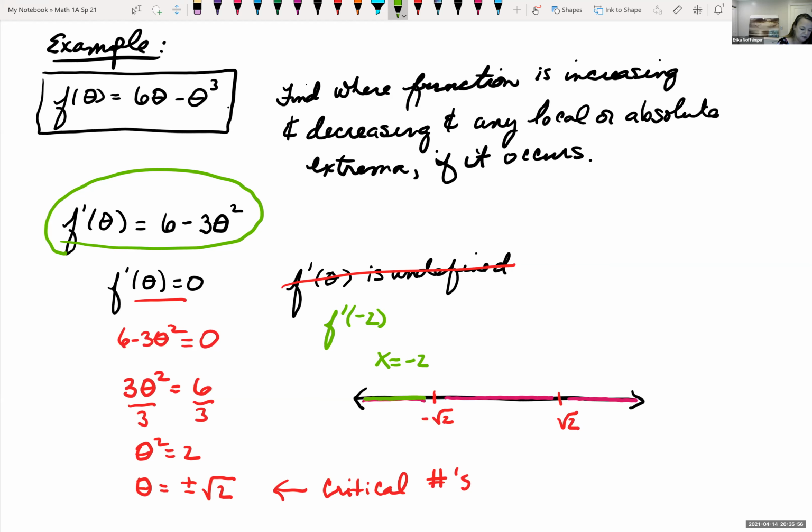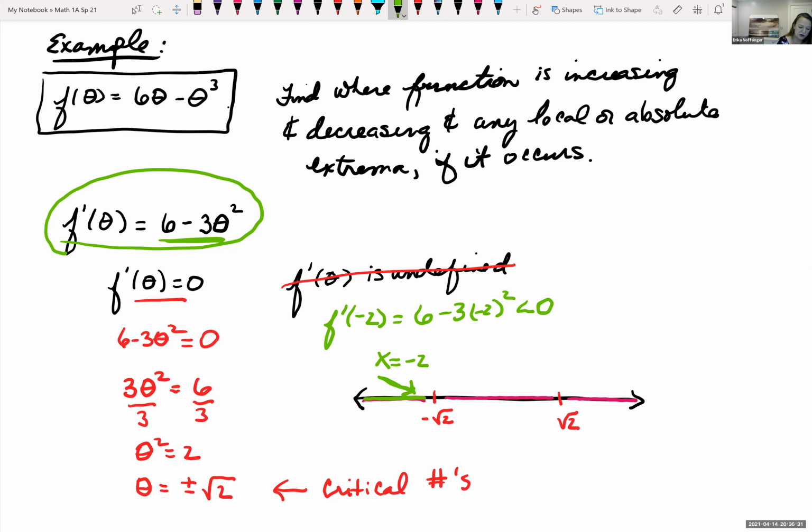So plugging in negative 2 wherever I see a theta in my derivative, I get 6 minus 3 times negative 2 quantity squared. If I square negative 2, it's 4, times the 3 in front, so that's going to be a minus 12. So 6 minus 12, this number is smaller than 0. So I know that my function is going to be decreasing to the left of negative root 2.